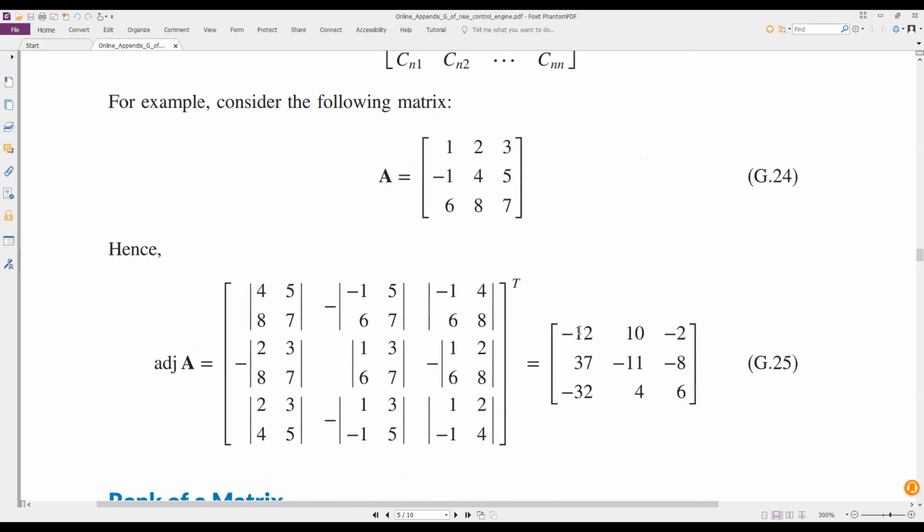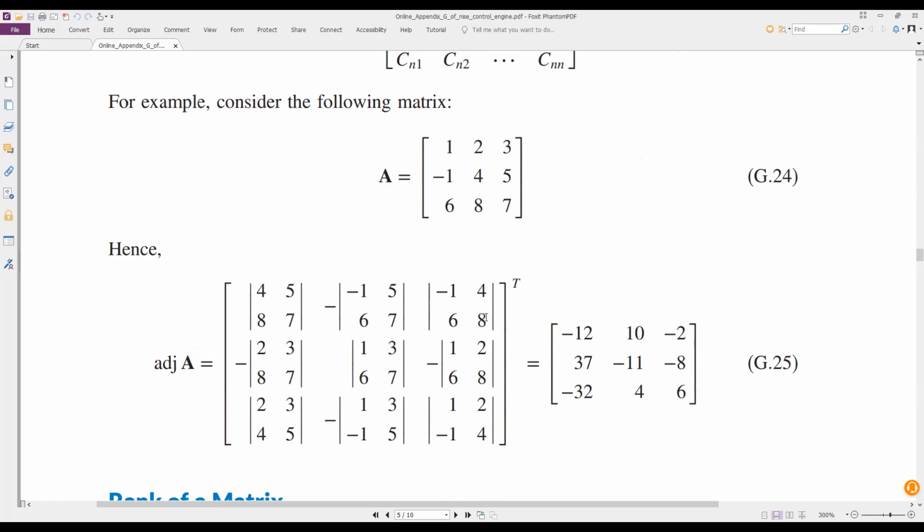Now consider the following matrix. You have to calculate the cofactor. For the first one, what would be the cofactor? For this one, 4, 5, 8, 7. For the second one, for this, minus 1, 5, 6, 7.